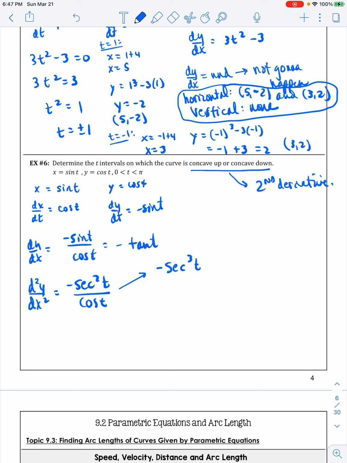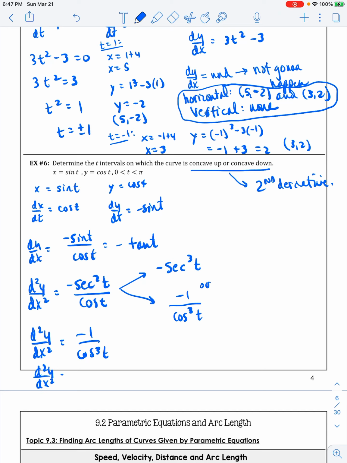You could make it negative secant cubed t, or negative 1 over cosine cubed t. Either one is fine, and I'm going to choose this one. You're looking for where it is 0 and where it is undefined.